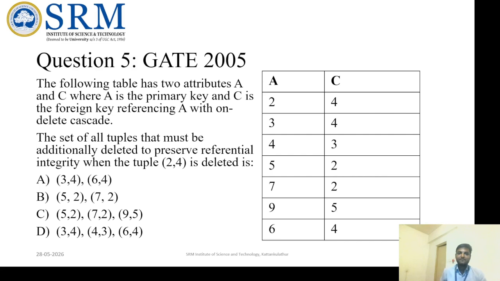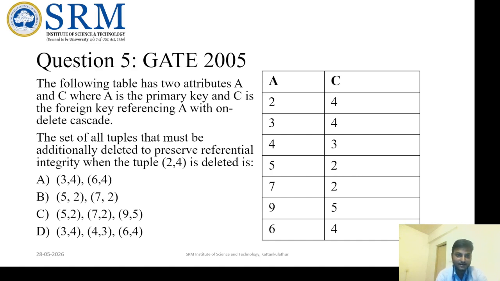Now, to preserve referential integrity, we know that cascading delete is the option, and the options are 34 64, 52 72, as well as C and D. Some options are there. Now, when we delete some row, we have to check the primary key.